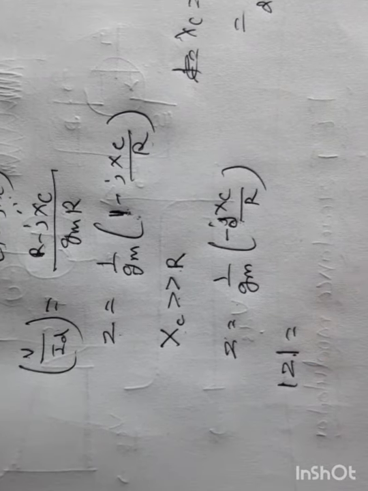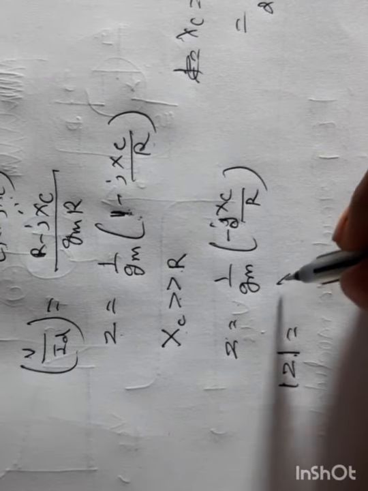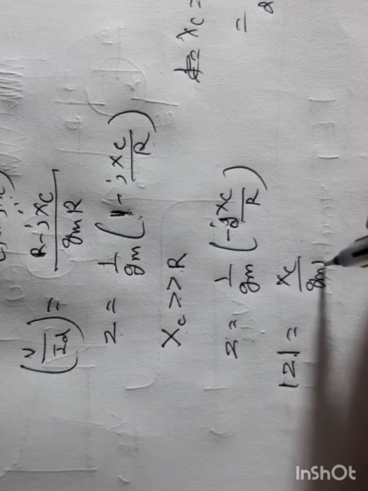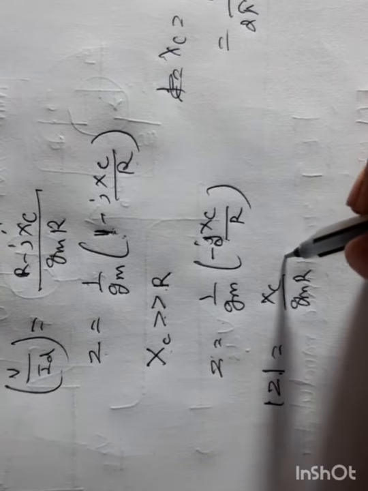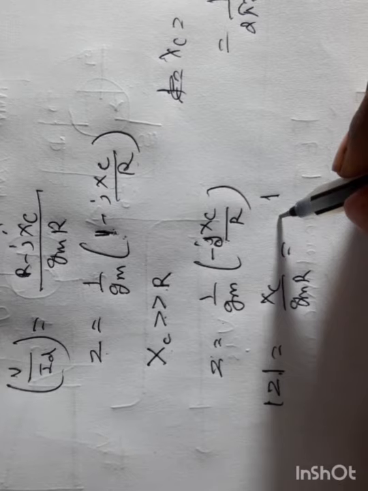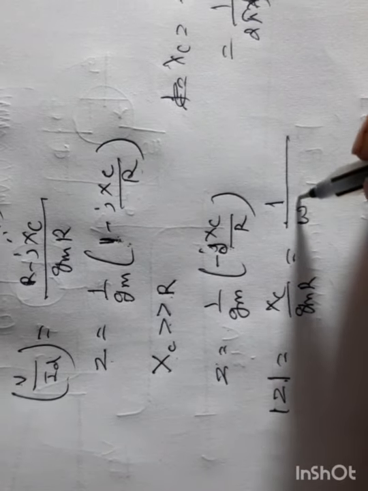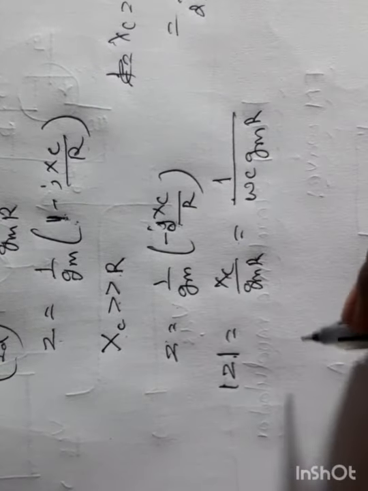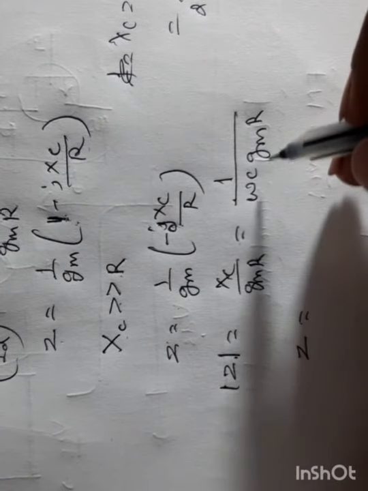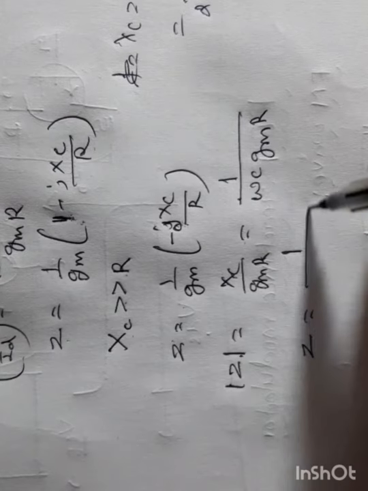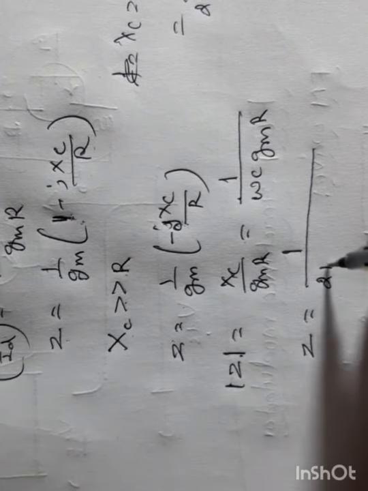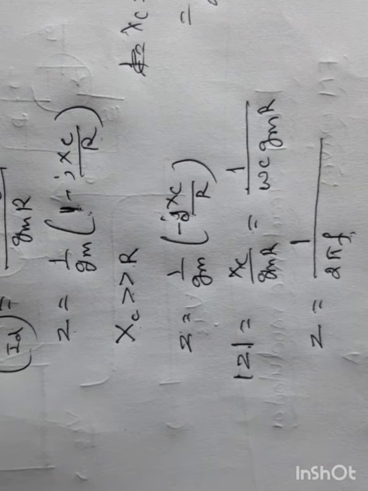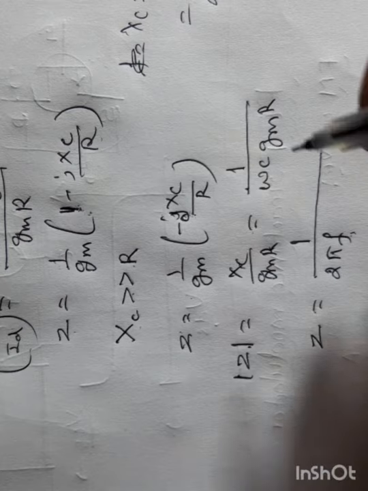Therefore, if you take only the magnitude, you will get Xc by Gm into R. But what is Xc? Capacitive reactance is given by 1 over omega C, so we get 1 over omega C into Gm into R. But we know that omega is the angular frequency, which is 2 pi f, where f is the frequency of the message signal, the modulating signal applied between gate and source.